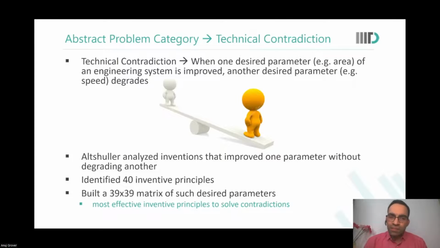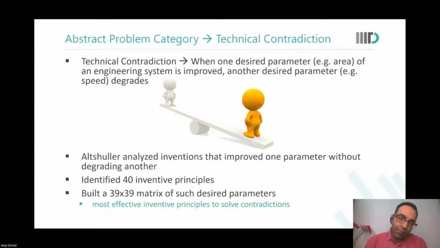So the inventive principles help us identify those alternate parameters which may not be as desired as the first two, and we could compromise on those. We could compromise on complexity a bit, and by that we could gain area and also speed simultaneously. That is what the application of inventive principles does for us.